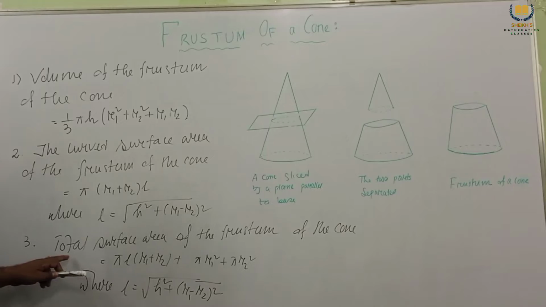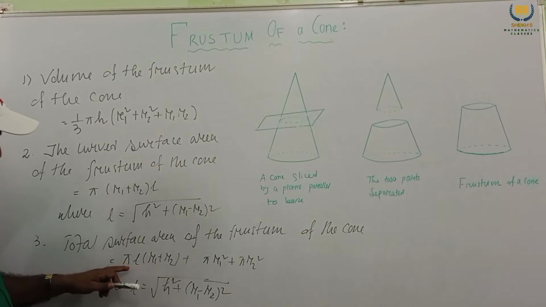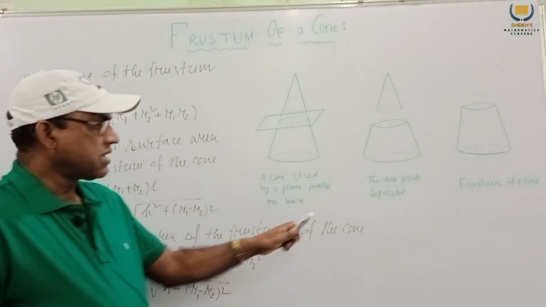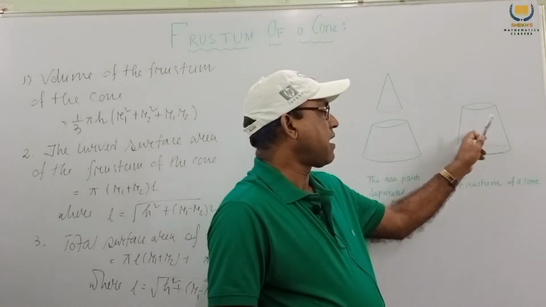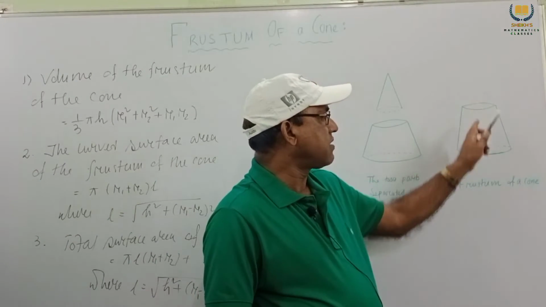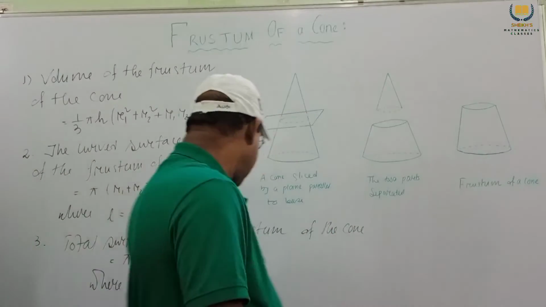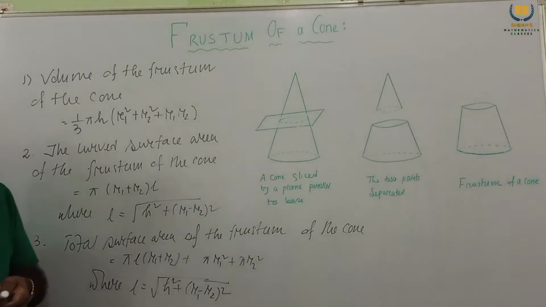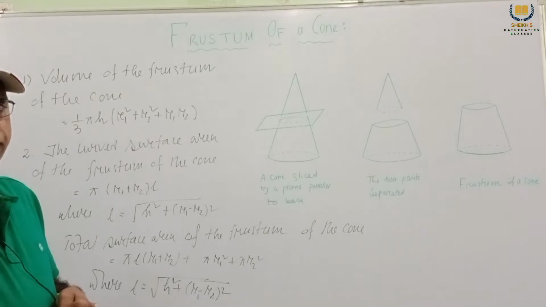The total surface area is pi RL plus pi R1 square plus pi R2 square. So this is the total surface area of the frustum of the cone.